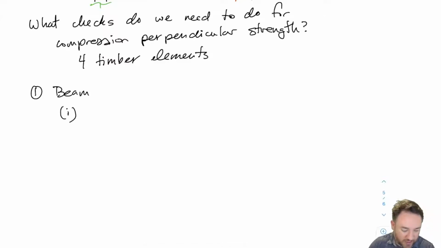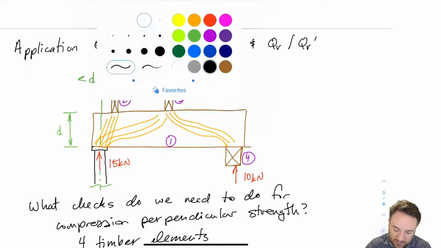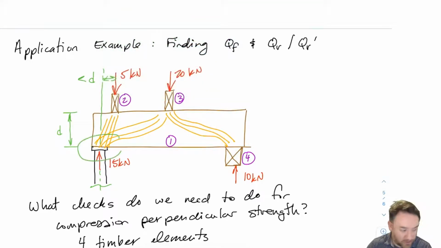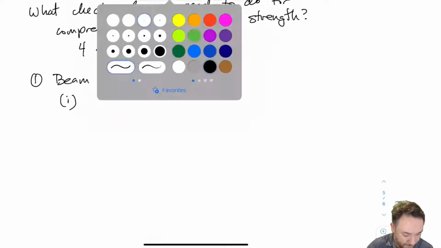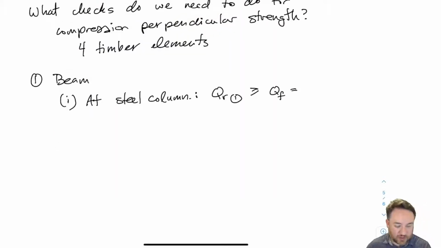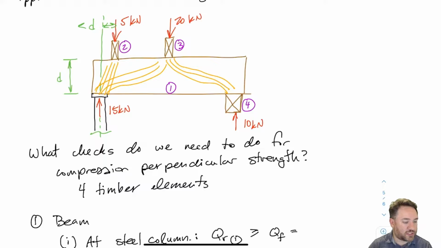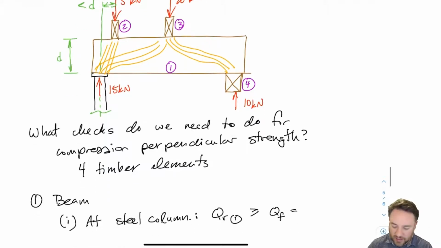Okay, the first one is I need to check the resistance of the beam sitting on top of the steel column. That's in this location right here. So at that steel column, I have to check the direct resistance. This is just the first check I'm doing, okay, which is just the direct local resistance of the steel column pushing on the beam. And with what load?